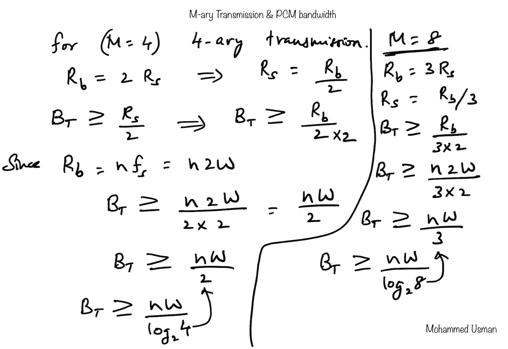So in general, for any value of M, the transmission bandwidth is related to the source bandwidth as NW divided by logarithm to the base 2 of M. So when M is equal to 4, we get it as NW by 2. And when M is equal to 8, it's NW by 3.